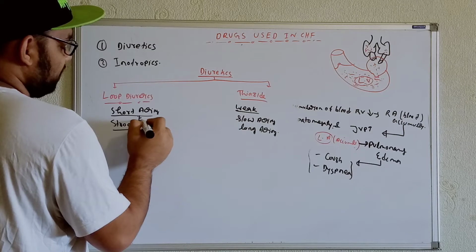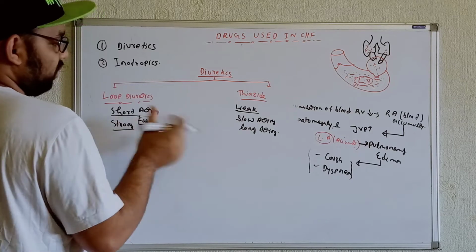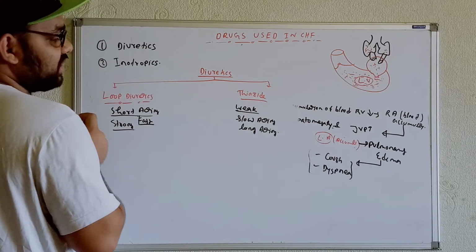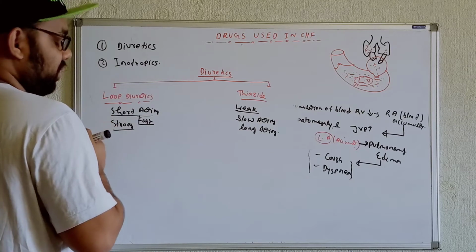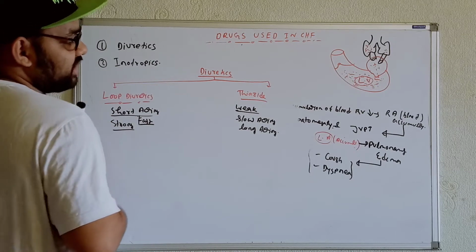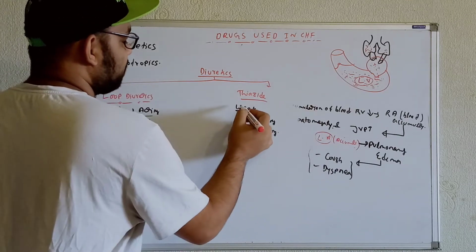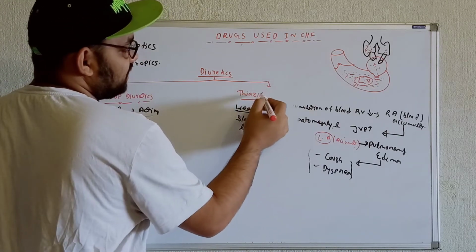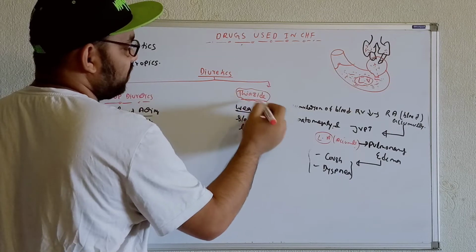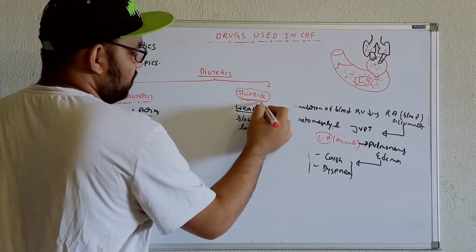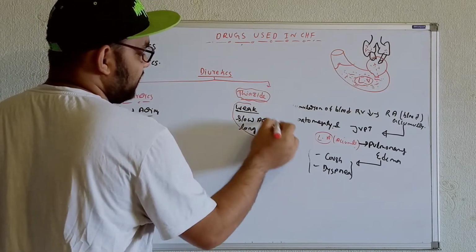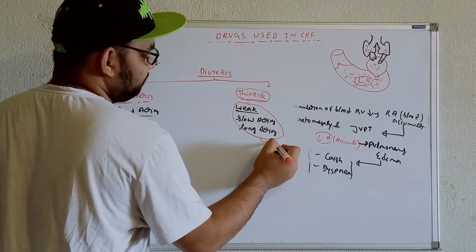But the thiazides are weak, that means they will act gradually, but the action of the drugs will be of longer duration. Now in these cases we are supposed to prefer which type of diuretics? As we want the fluid to go gradually, we are supposed to prefer the thiazides. It's preferable.